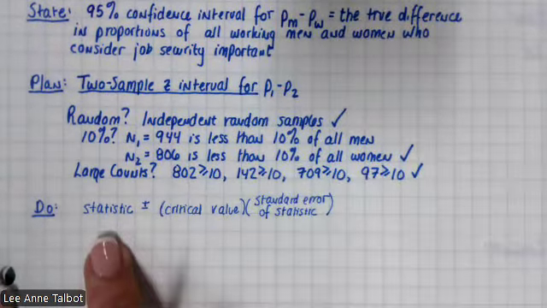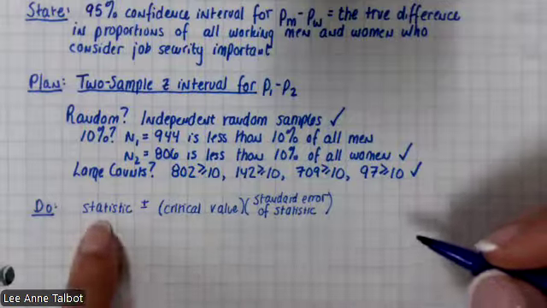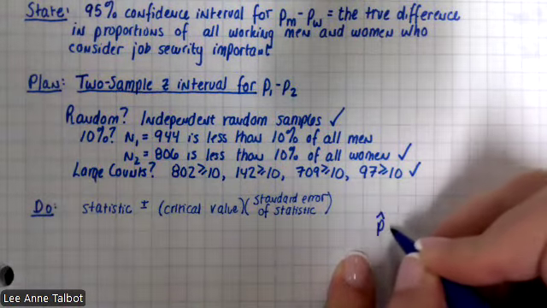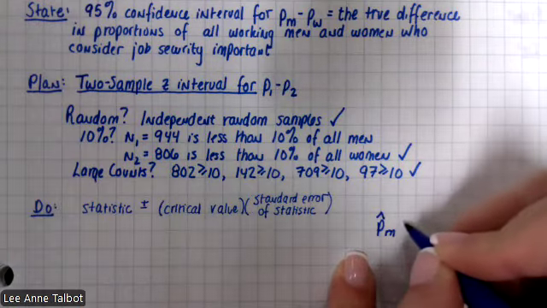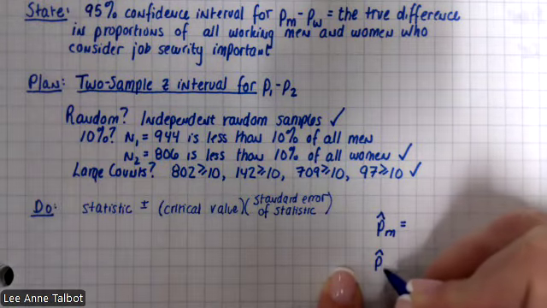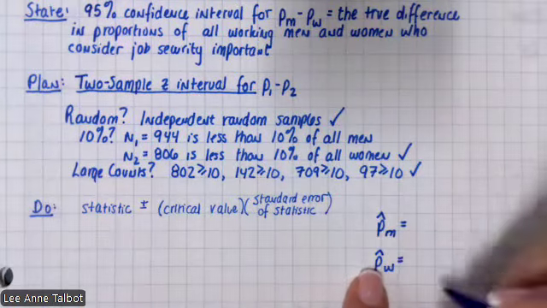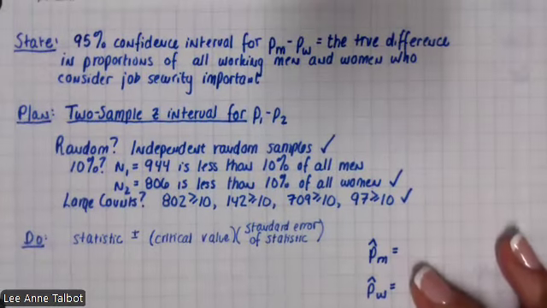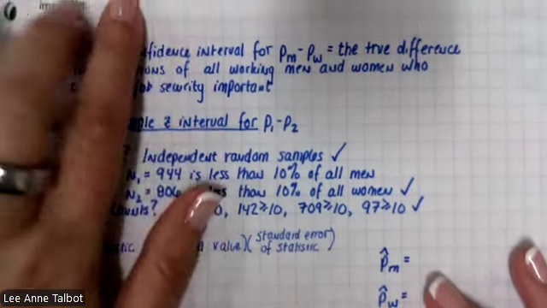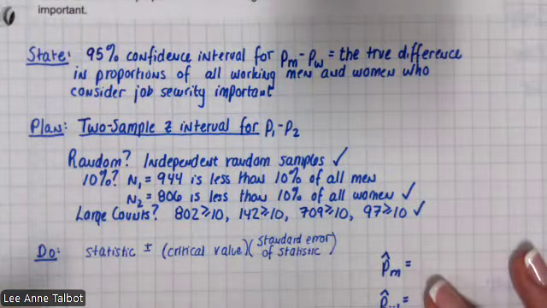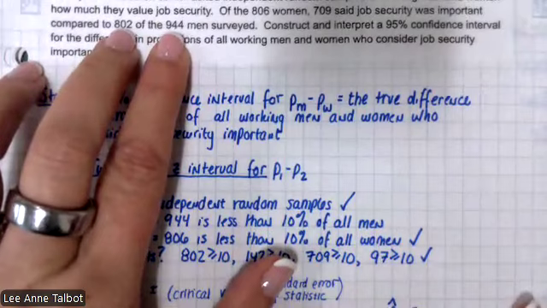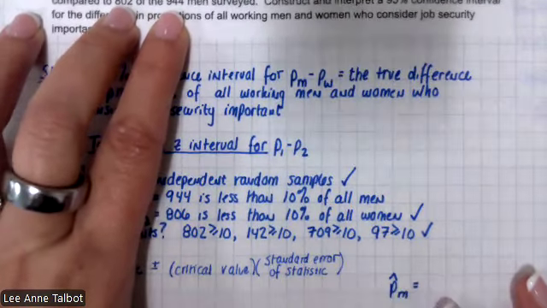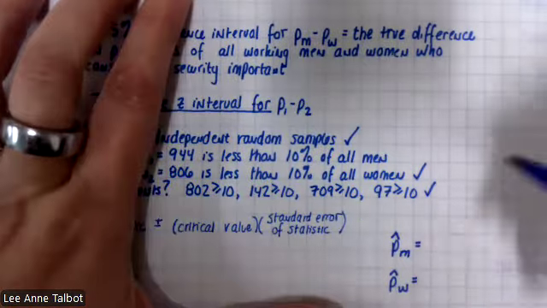So statistic, what is the statistic in this case? It's p hat 1 minus p hat 2. Over here, I highly suggest, actually, we're going to do m. You find them separately first, and I'll explain why in a second. Okay, what is p hat for the men? 802 over 944.